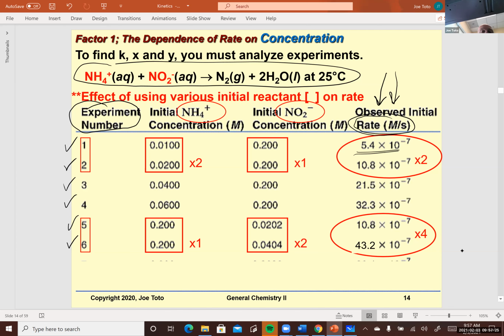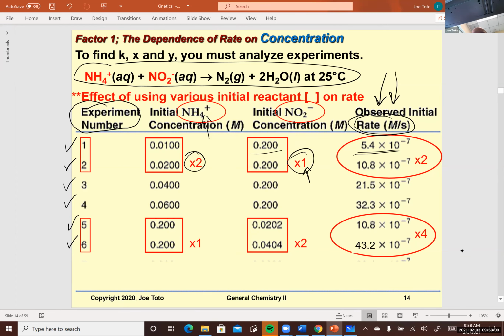So the first experiment, we see that ammonium has a 0.01 molar concentration, whereas the nitrite has a 0.2 molar. In the second experiment, what happens to the ammonium concentration? It goes up by twice as much. It doubles. How about the nitrite? Stays the same.